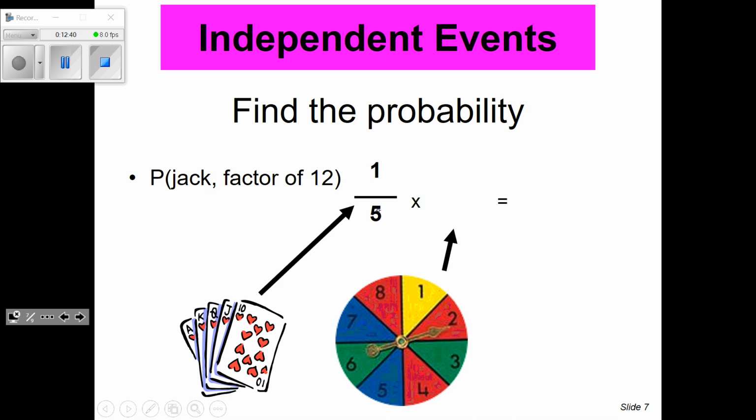All right, on the spinner, how many sections do we have? 8. And how many of those sections are a factor of 12? Yes, 5 of them. Good. So what would be our probability of drawing a jack and then spinning a factor of 12?